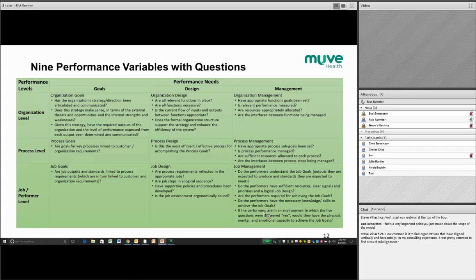So informally, just gauging, it's kind of pushing on the other cells to say, is this solid or is this not solid? So is there any sense of what the process goals may be that this job is part of? And is there any sense from an organizational standpoint what might be the strategy for carrying out this set of work? So I want to always make sure I'm working from a solid foundation before I start in any one place.